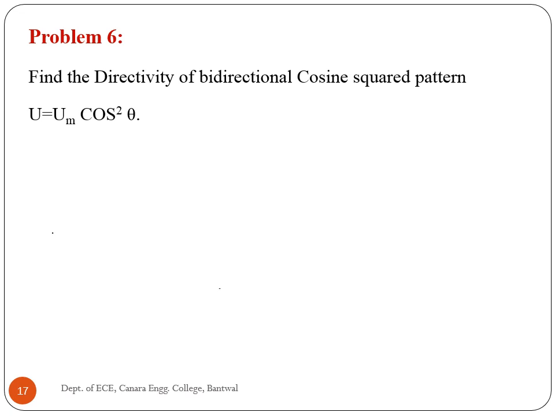Find the directivity of bidirectional cosine squared pattern. Radiated power is equal to integral of U d omega. U is the given pattern, that is cos square theta.